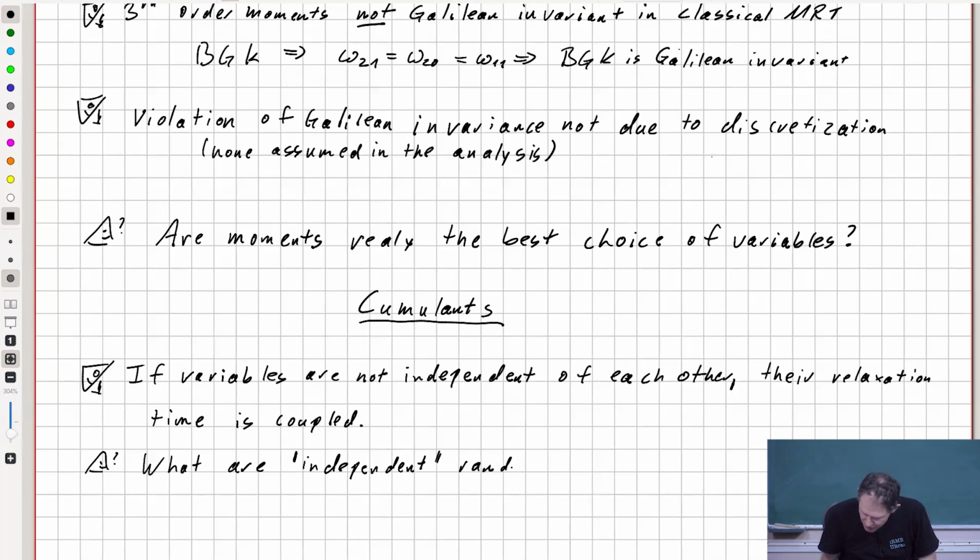And I remind you that we are talking here about random variables because we are all the time talking about the probability of finding a particle in a certain state. So it's always a random variable, yeah? So when are random variables independent of each other?